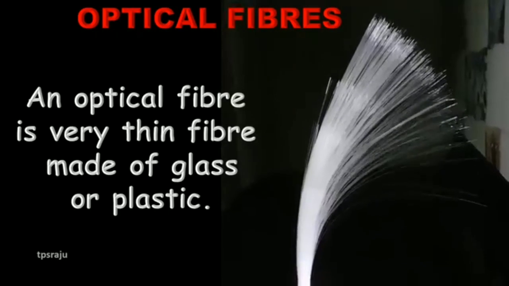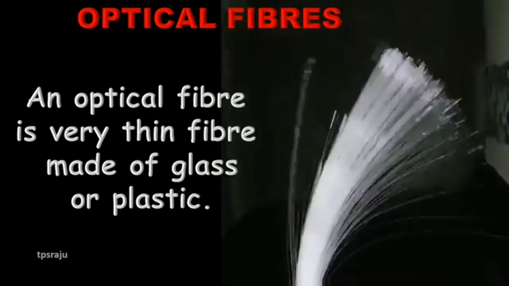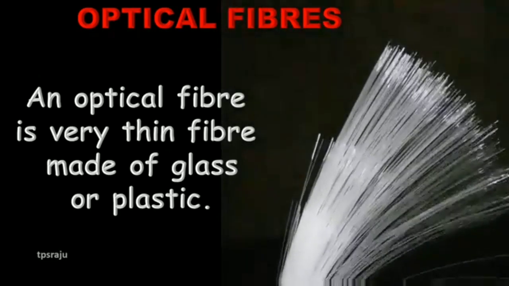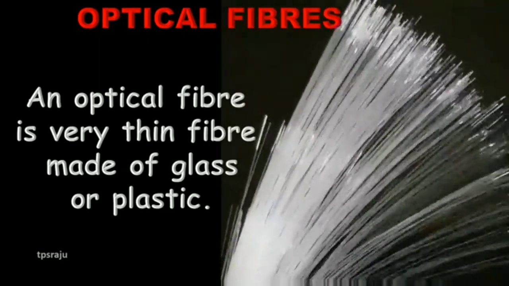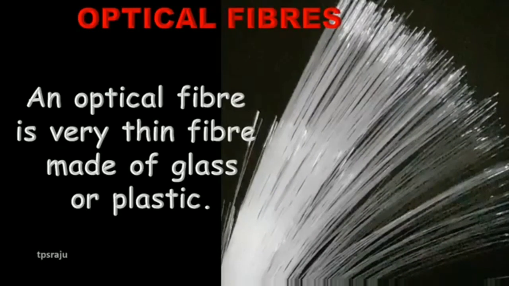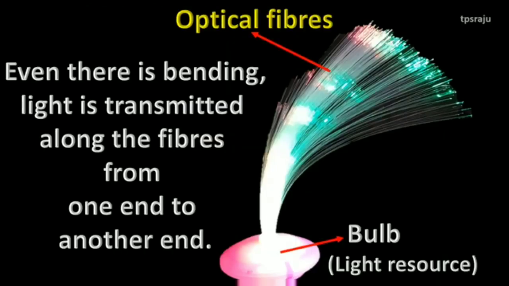These are optical fibers. An optical fiber is a very thin fiber made of glass or plastic. Even if there is a bending, light is transmitted along the fibers from one end to another end. Let us observe the transmission of light in optical fibers.